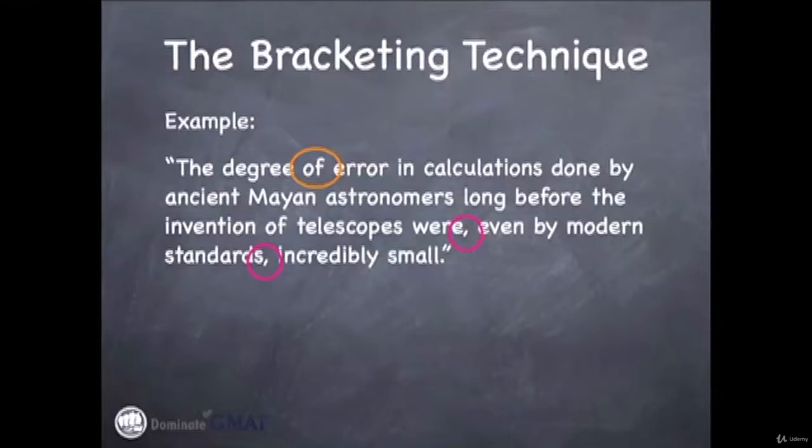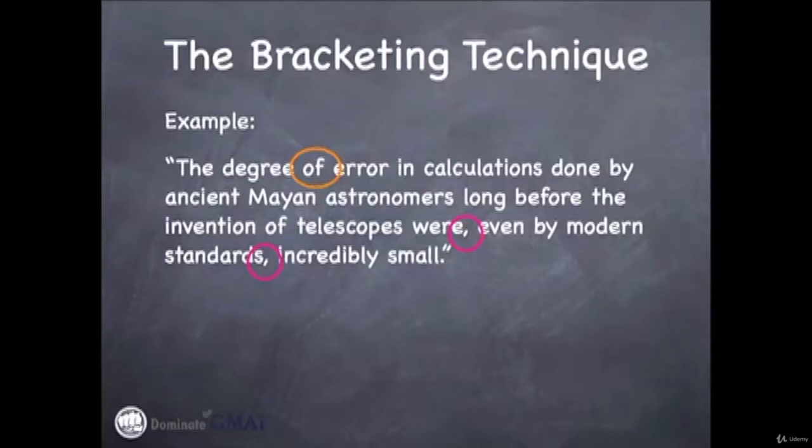Well, we see the word of, the degree of, there's this prepositional phrase: of error in calculations done by ancient Mayan astronomers long before the invention of telescopes. That's actually the whole prepositional phrase, so we pick up on that. And then we also see a clause offset by commas, right?